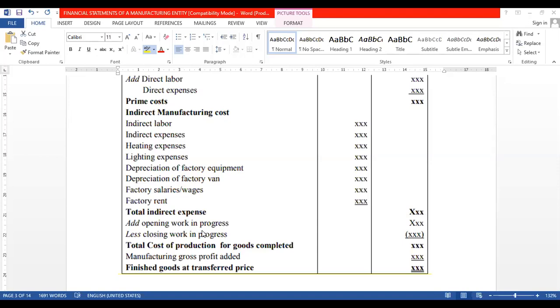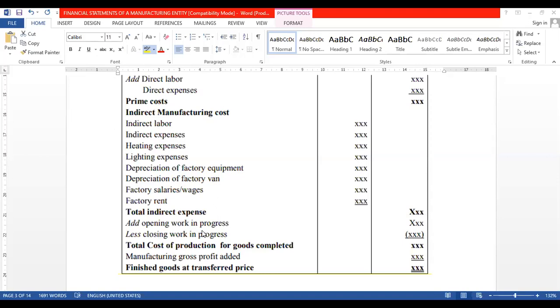Those products that are still being worked on are what we call work in progress. Therefore, we need to add opening work in progress, the one that we had at the beginning of the year, and then we less the closing stock of that work in progress, for us to get what we call total cost of production for goods that have been completed.